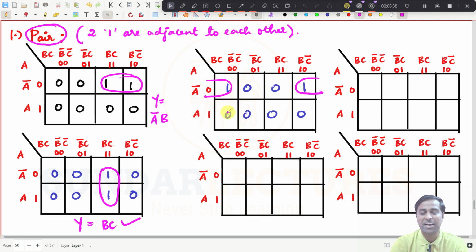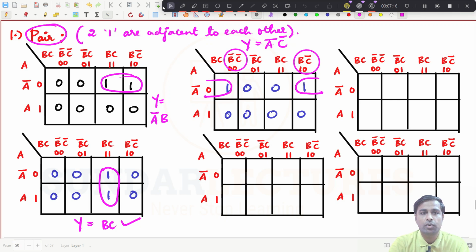This is also a pair. So how are you going to write the Y expression? For this I will write here, Y will be equal to, see here, I have to take this one and this one. Straight away you see this is A bar. So you write this A bar, and you have to compare this one and this one. Try to understand these two. What is the common term in these two? C bar is the common term. So A bar and C bar is the answer. Try to understand, right? So this is how you need to get a pair, right?